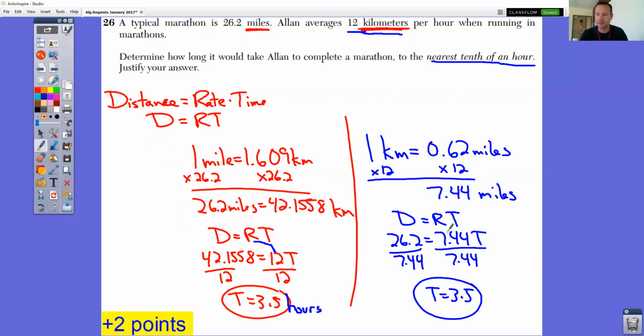That's your total miles, equals the rate, which is 7.44. That is the 12 kilometers per hour in terms of miles. So going 7.44 miles per hour times the time, divide by 7.44. And again, you get 3.5 hours. So you either have to make your miles into kilometers or kilometers into miles first.